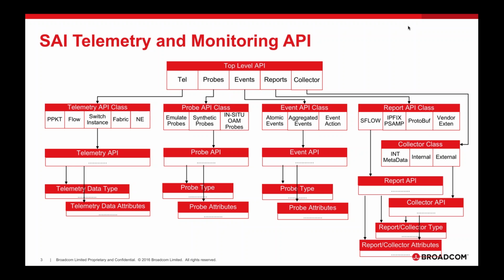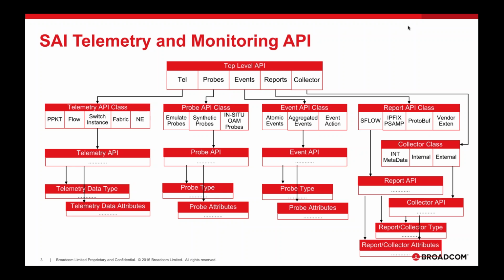Example is various table sizes. We want to monitor the resource utilization. We want to monitor any given silicon. Some block behaves in a peculiar way, we want to monitor that. So that's this class of APIs which are responsible for doing that.